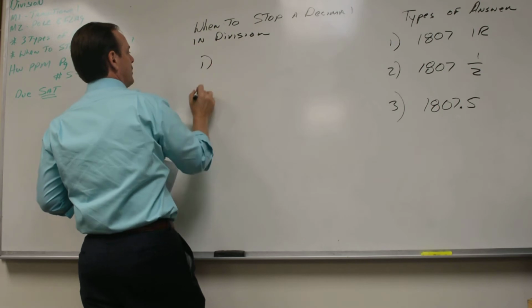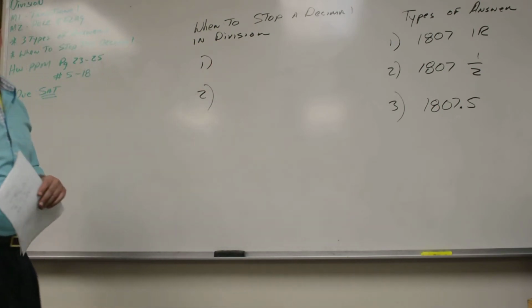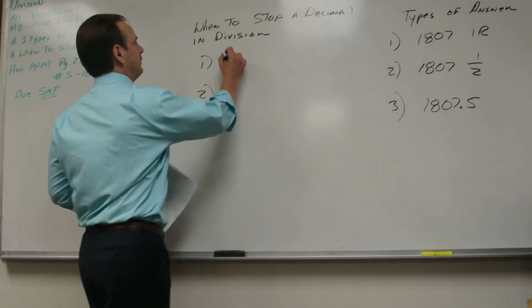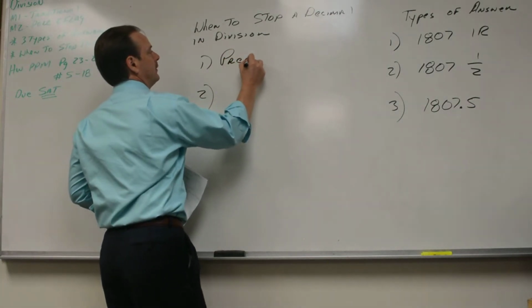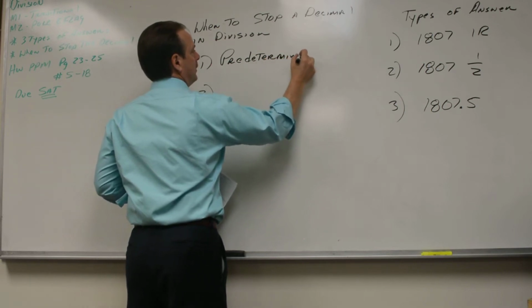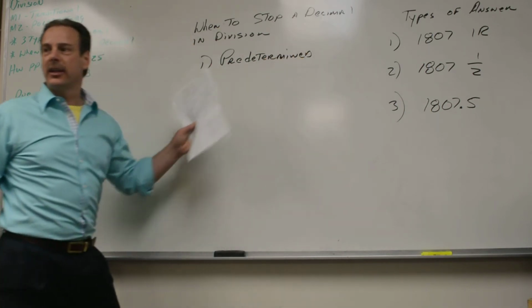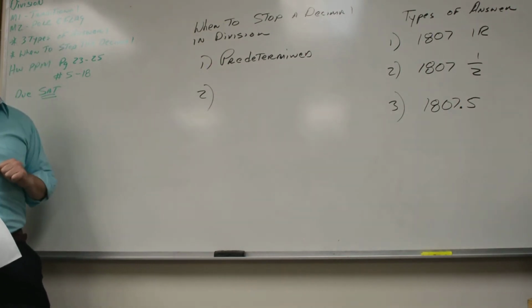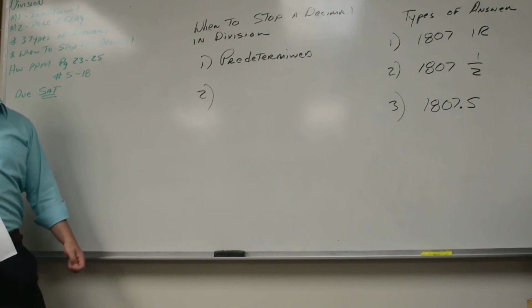We're going to go with 2 ways. First way is that it's predetermined. They're going to tell you, carry this out to 2 decimal places, or carry it out to 1 decimal place. That's as far as you have to go.